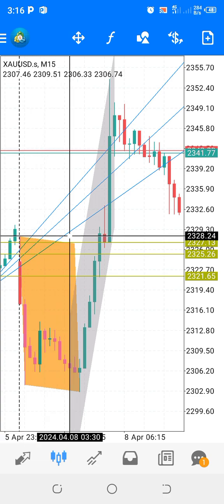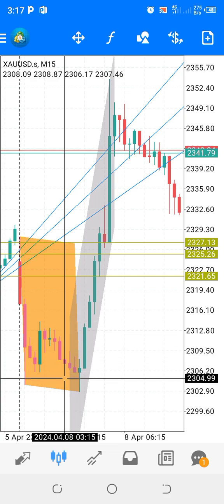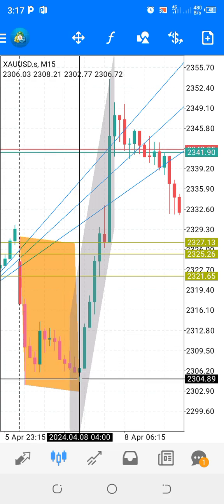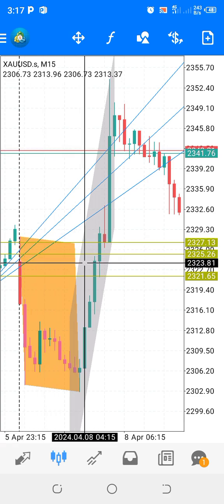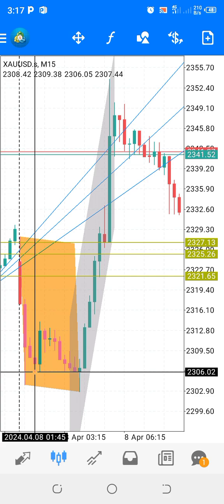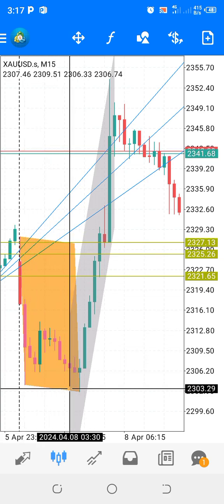The rule says that the expectation is for the market to recover the full correction move and double it.